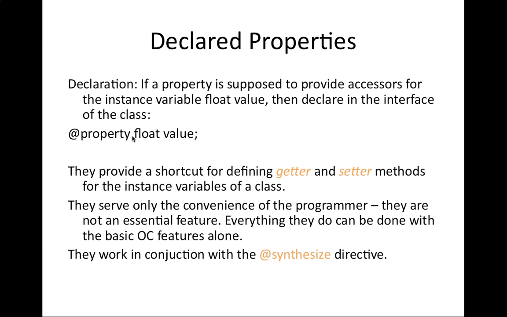So that's going to actually give us the setters, and I'm assuming you guys know what setters and getters are. When you set the property, you set the value that's associated with value, and you get the value from the class object. So they serve only as a convenience to programmers. They are not essential to a feature of the language itself.